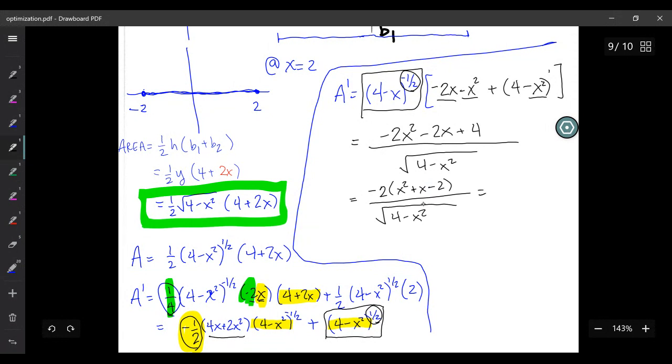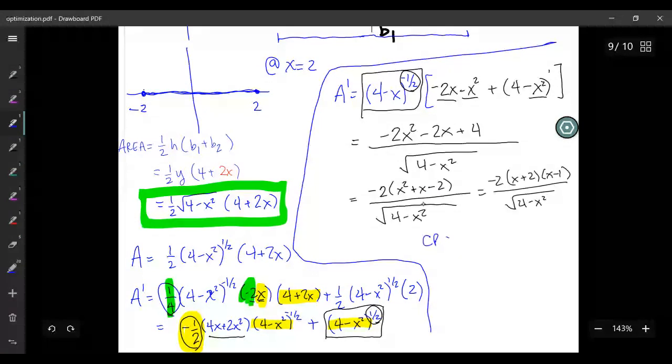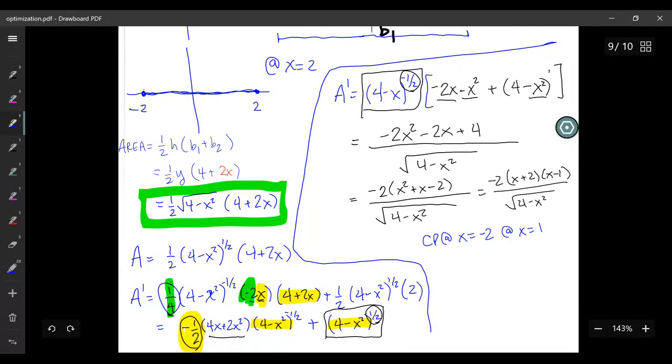So -2 times that factors as x plus 2, x minus 1. That gives me two critical points at -2 and at positive 1.